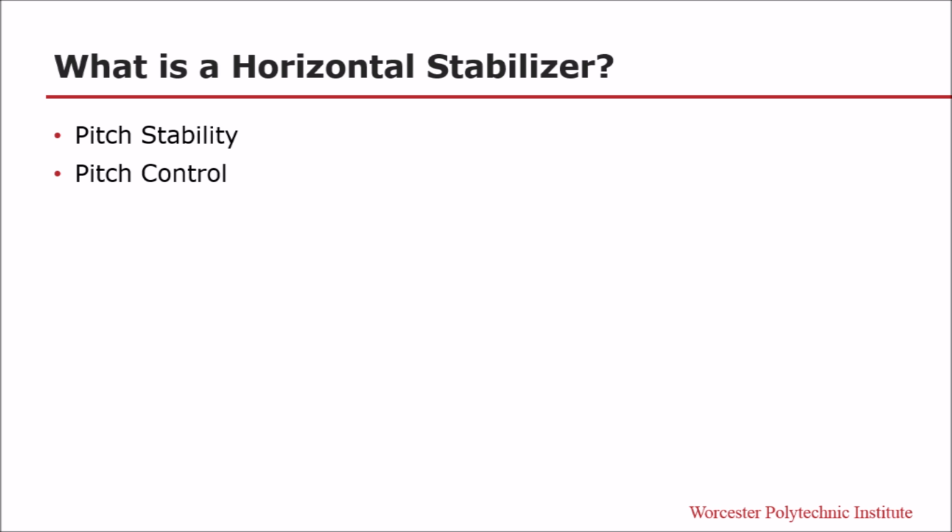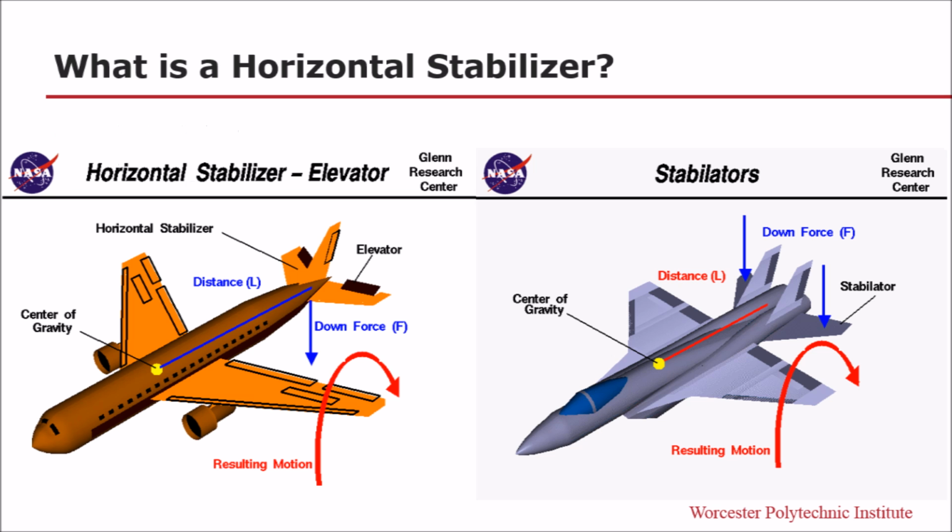Otherwise, when the aircraft is flying, if any sort of dynamic force pushes the tip of the aircraft up, then the horizontal stabilizers will actually act and return the aircraft to a resting angle of attack. They're also able to be utilized by the pilot in order to control the pitch of the aircraft. This helps the aircraft ascend and descend, especially useful during both ascent and descent.